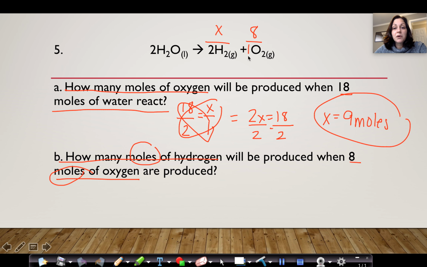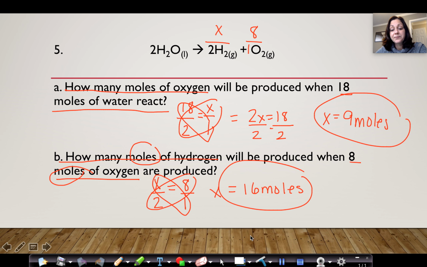I see that I multiplied oxygen's coefficient by 8, which means that hydrogen's coefficient will also need to be multiplied by 8, and my answer is going to come out to 16. But in case you don't see that and you want to just use the process, in a word problem, numbers of moles go on top of the coefficients, and we set up a proportion. X over 2 equals 8 over 1. When I cross multiply, I get X equals 16, which again, remember, is a number of moles.